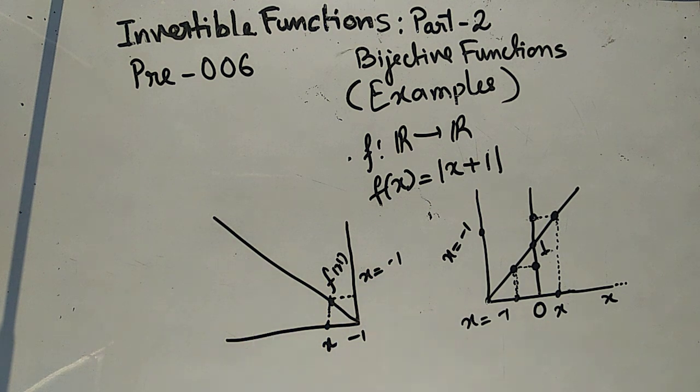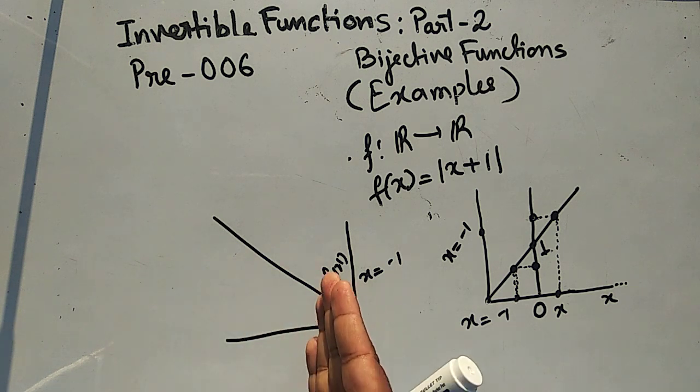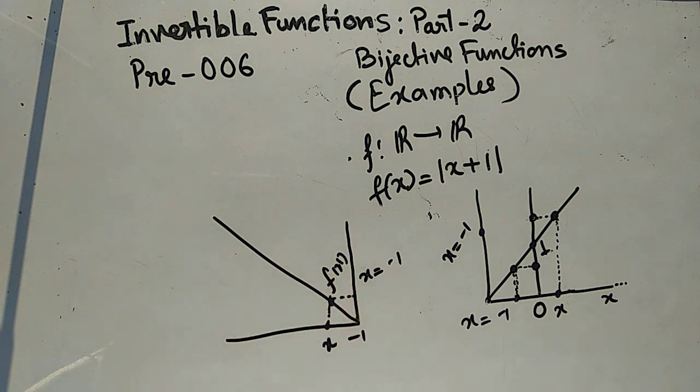Here also no part of the line is parallel to the x-axis. No part of this line is parallel to the x-axis, it is strictly decreasing, so here also this part of the function will show 1-1.